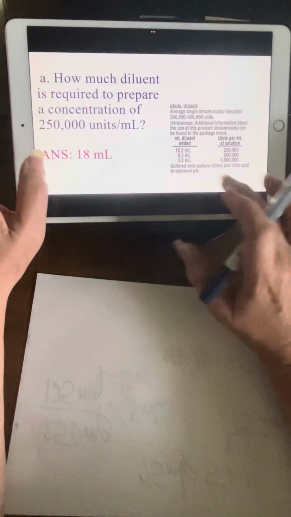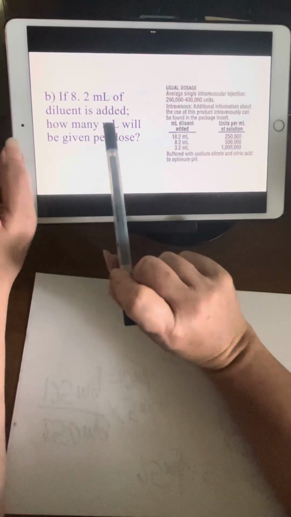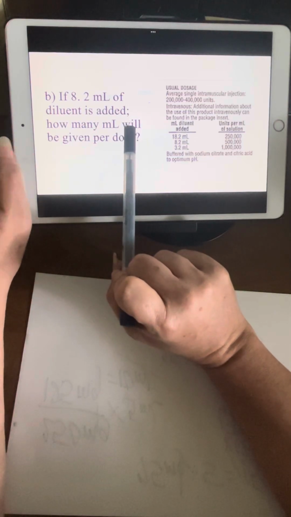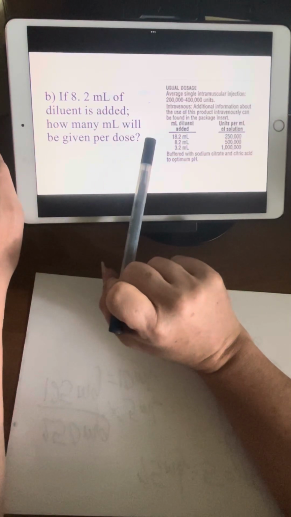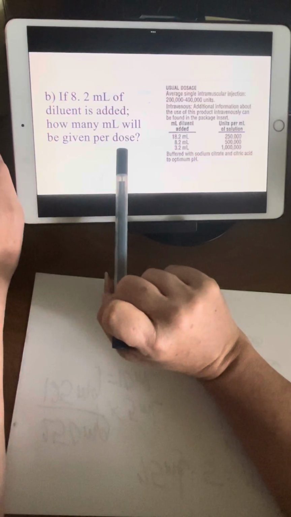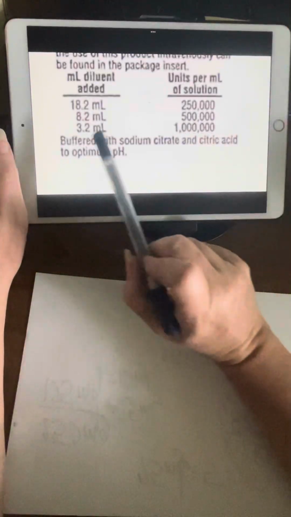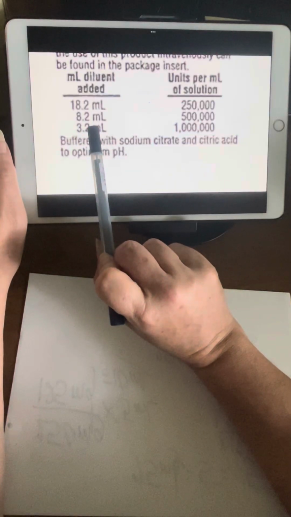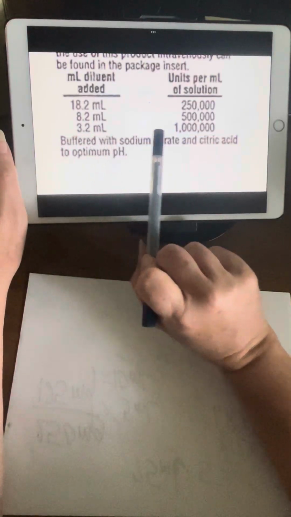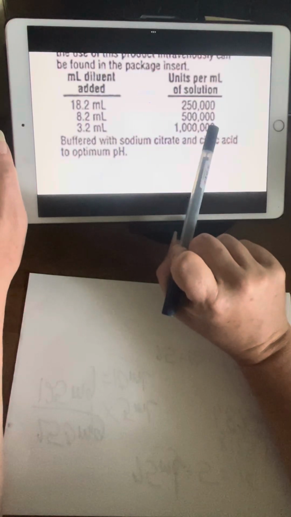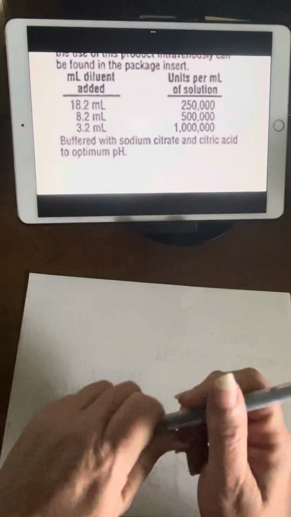Okay, and then B says, if 8.2 milliliters of diluent is added, how many milliliters will be given per dose? So now they switched it up. If 8.2 milliliters was added, then the strength is going to be 500,000 units.